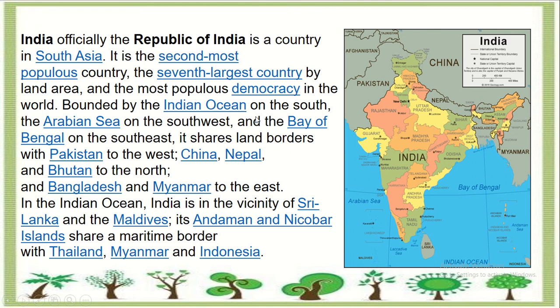It is the second most populous country, the seventh largest country by land area, and the most populous democracy in the world, bounded by the Indian Ocean to the south, the Arabian Sea on the southwest, the Bay of Bengal on the southeast, and it shares land borders with Pakistan to the west, China, Nepal, and Bhutan to the north, and Bangladesh and Myanmar to the east.